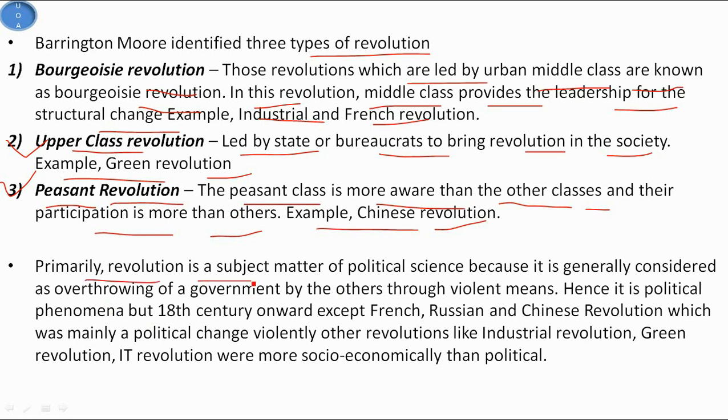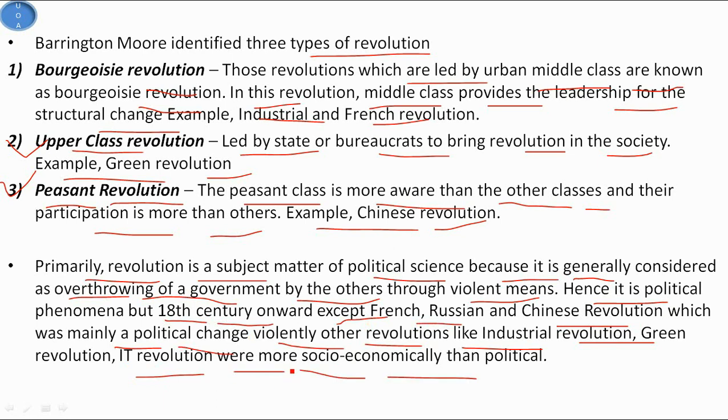Primarily, revolution is a subject matter of political science because it is generally considered as the overthrowing of government by others through violent means. Hence it is a political phenomenon, but from the 18th century onward, except the French, Russian and Chinese revolutions, which were mainly political change brought violently, other revolutions like the Industrial Revolution, Green Revolution, and IT revolution were more socio-economic than political.